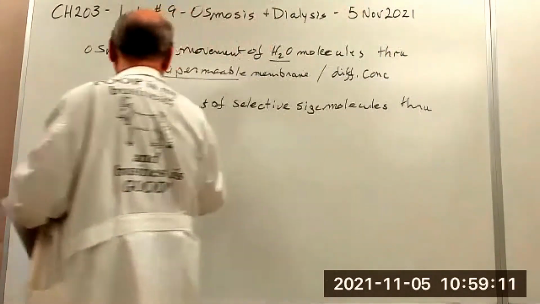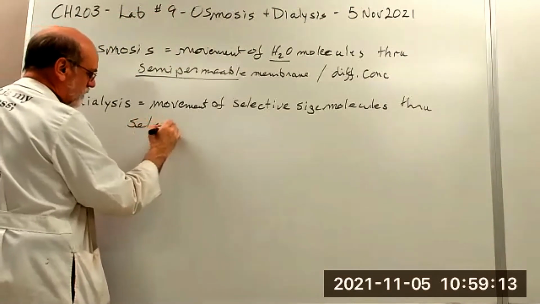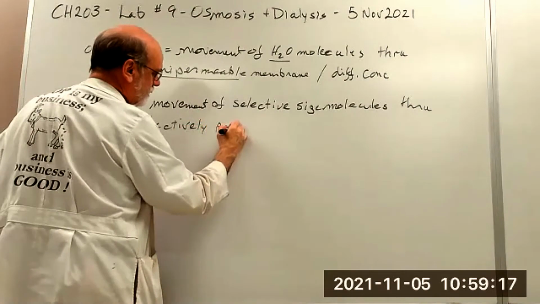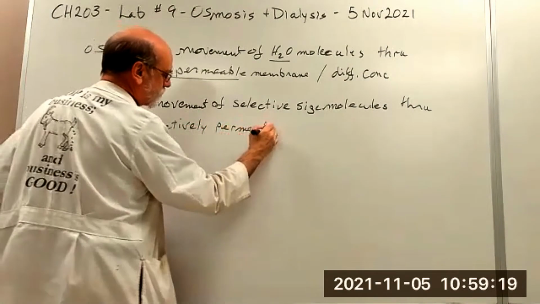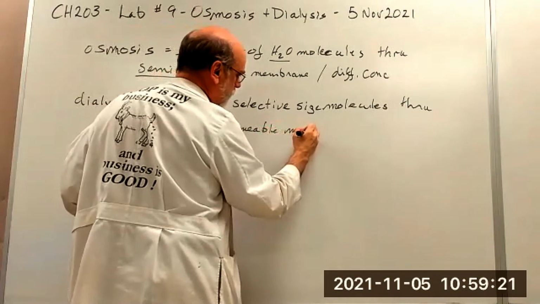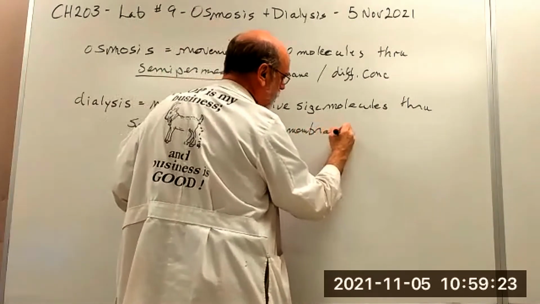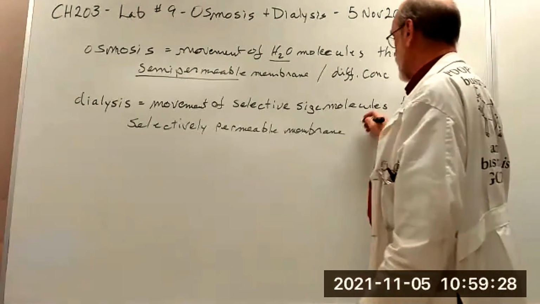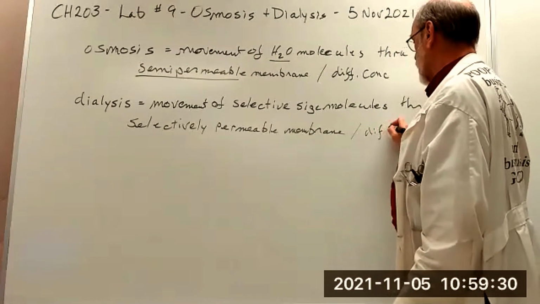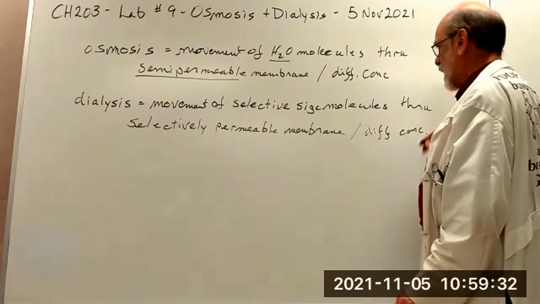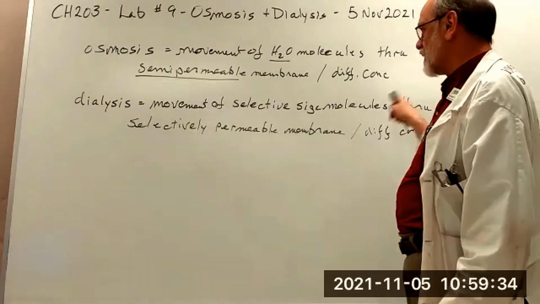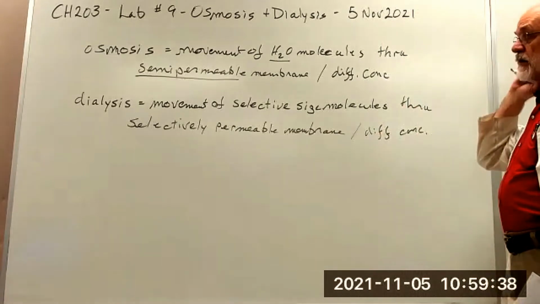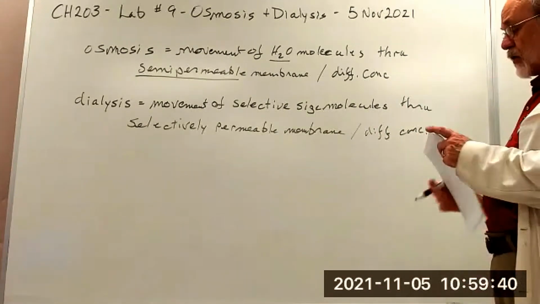These go through a selectively permeable membrane, and this is also based upon a difference in concentration. Now we're talking about a difference in concentration of those molecules of different sizes.